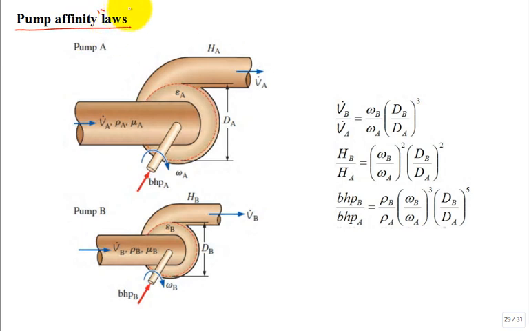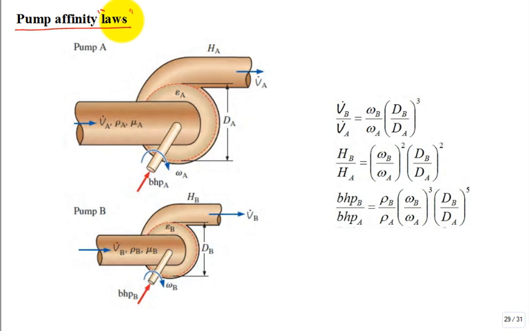Sometimes people don't use that. It's pump affinity equations. It's not like a law like stop or speed limit's 55. In science, they use laws for everything. It's this law and that law. And then they said, look, everything's not a law. Some is just a relationship. So the affinity relationships.